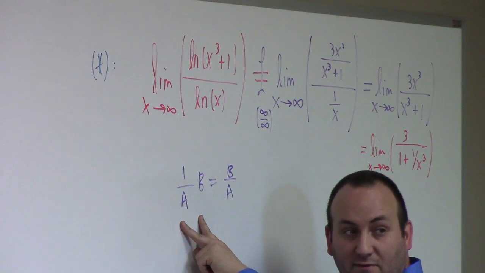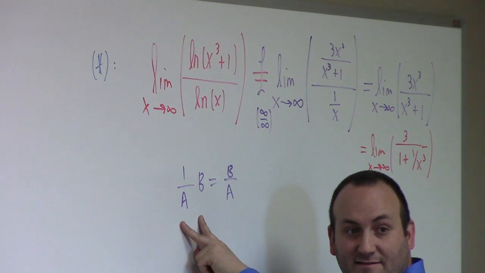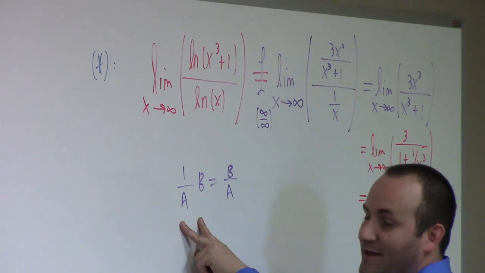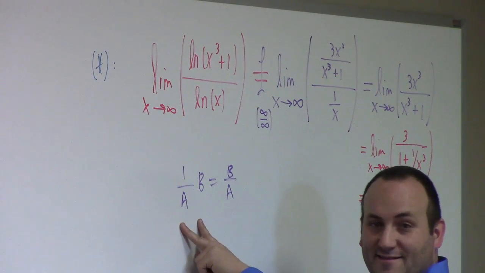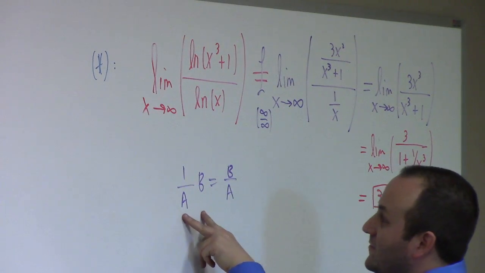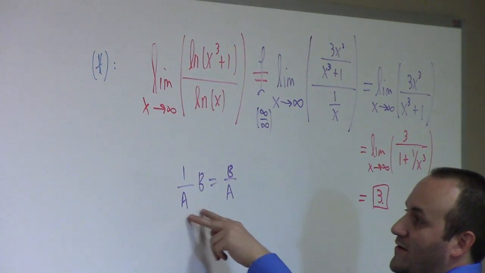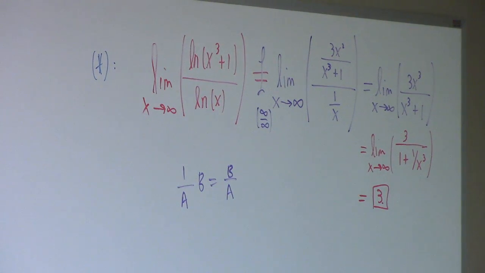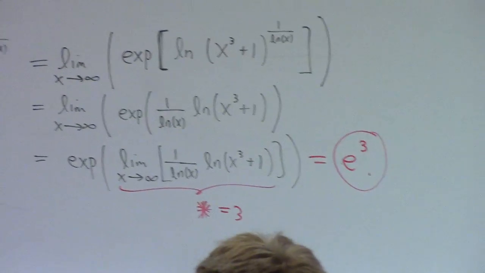It will stop you in your tracks. Many points have bled out of this gaping flesh wound in your mind. So right here, we have 1 over a times b is b over a. So this is like the fraction times that. I can rewrite it as a quotient of log of x cubed plus 1 divided by log x. All right, enough about that.